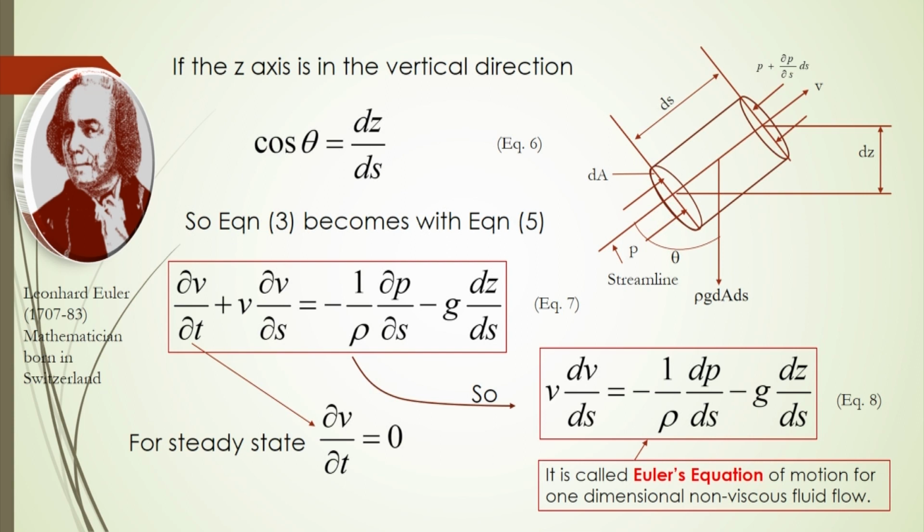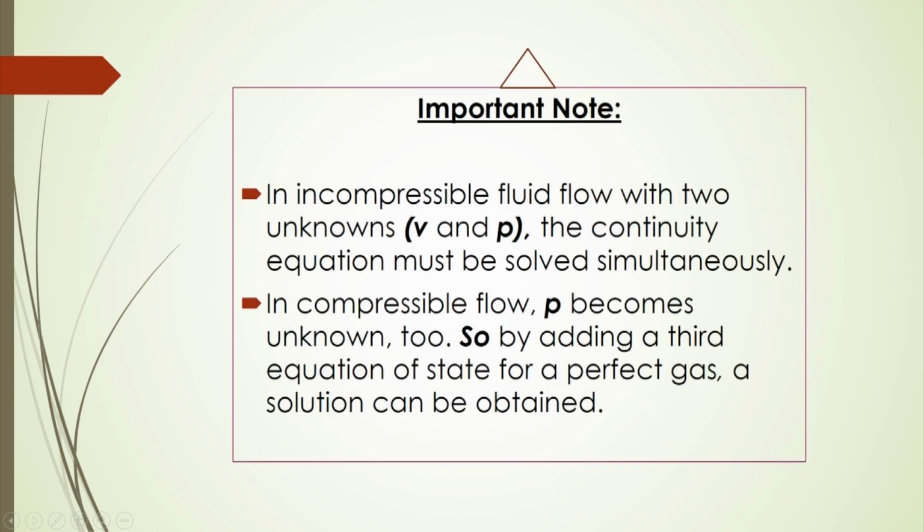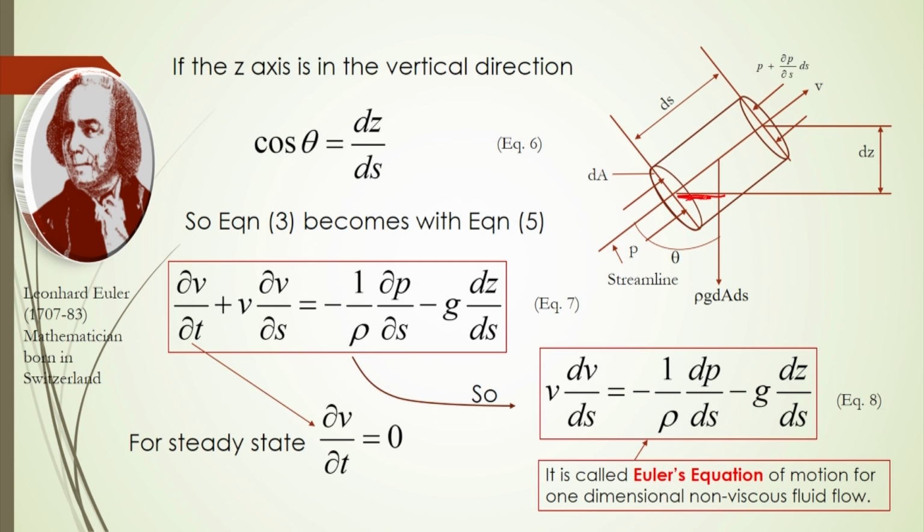So, cos theta will be equal to dz by ds as per the geometry here. This is your ds, and this is your dz. So, ds into cos theta will be your dz. So, we can write dz by ds in equation number 6 as cos theta.